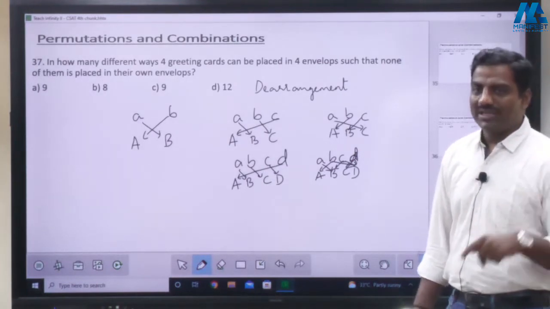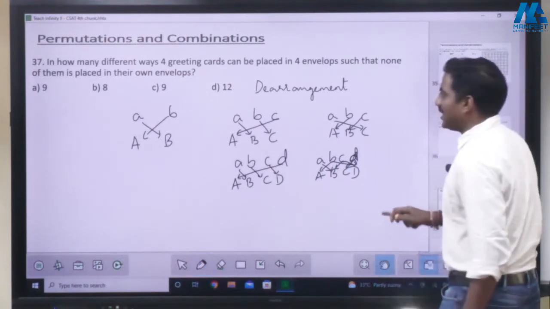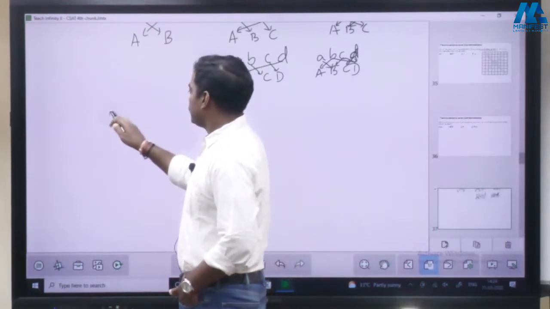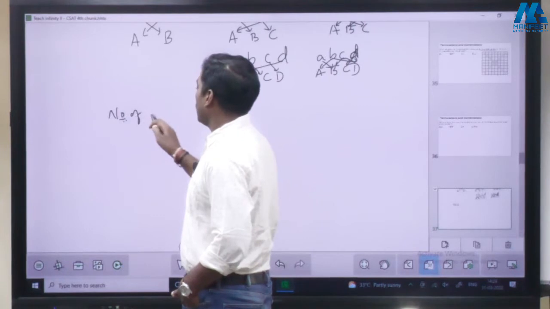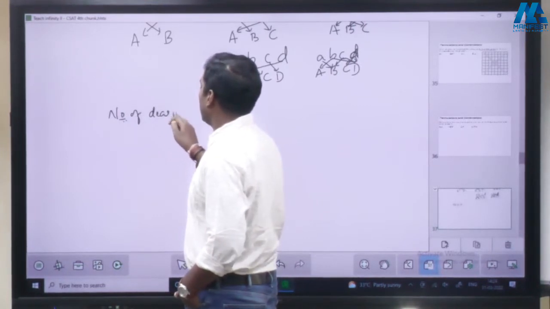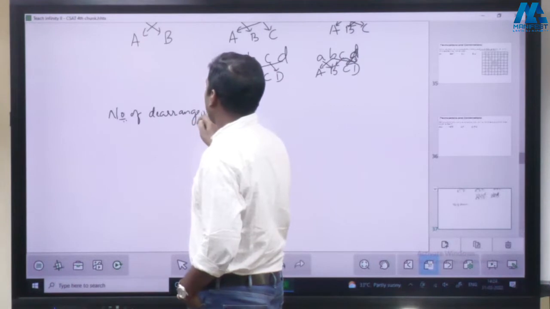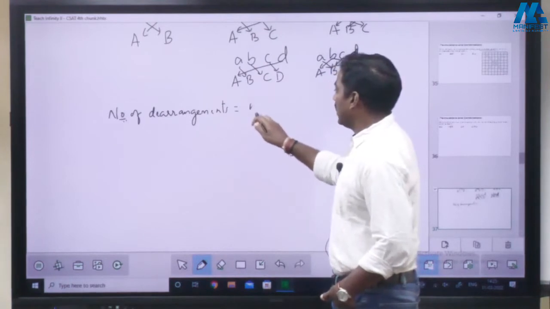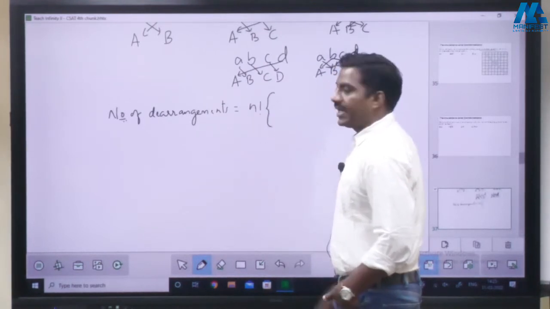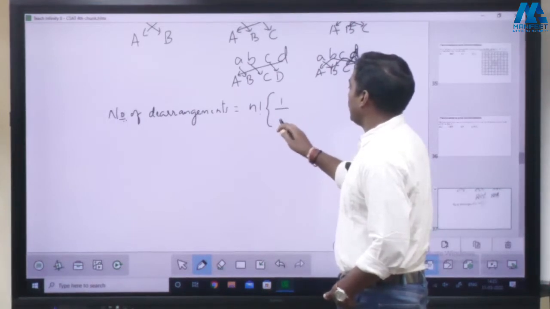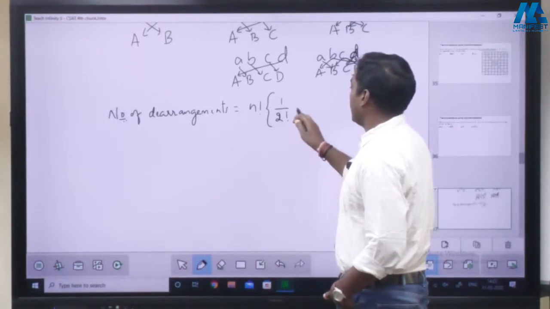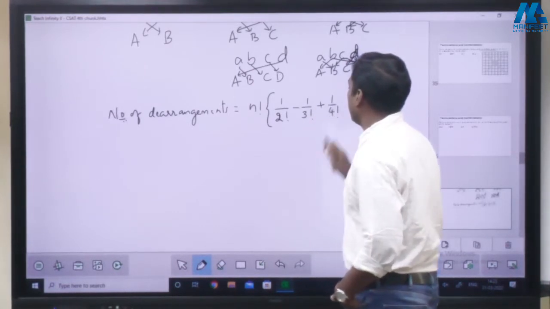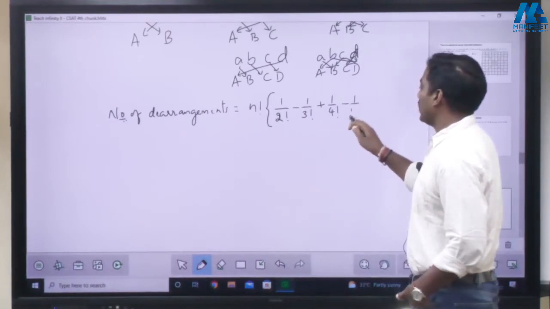That is why we have to remember one method. For that we have a set formula. You can write the number of dearrangements is equal to n factorial and inside the bracket, 1 divided by 2 factorial minus 1 divided by 3 factorial plus 1 by 4 factorial minus 1 by 5 factorial.